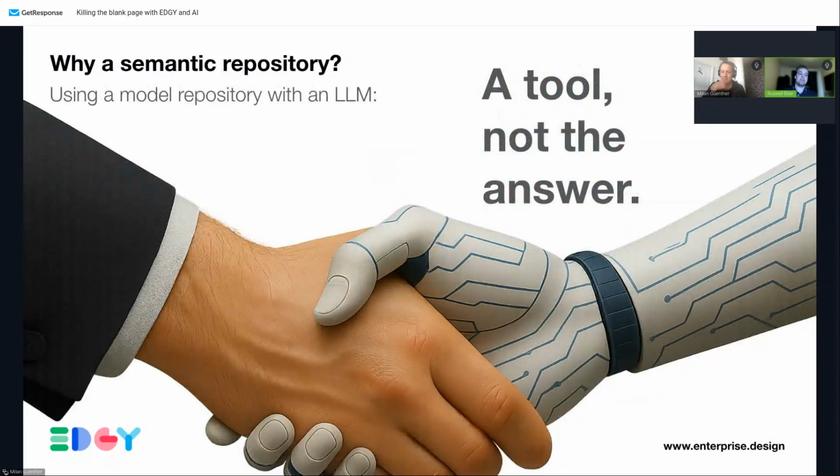First, why a semantic repository? I think to answer this question, we need to talk a little bit about the AI itself. I usually say that we should use the AI as a tool, not the answer. But I would also like to keep in mind that it can be used as both.